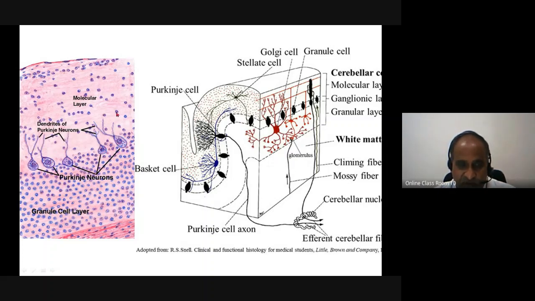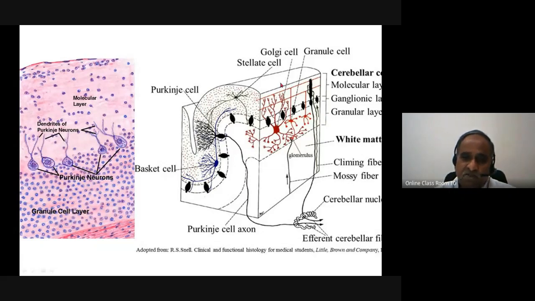Suppose they are stained with a silver stain, you get beautiful tree-like projections. These are the granular cell layer, and these are white fibers, the white matter. Same thing here. You can see this tree-like arborization, the outer molecular layer, the Purkinje cell layer, and the granular cell layer.